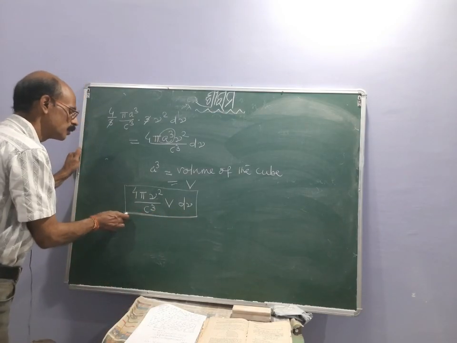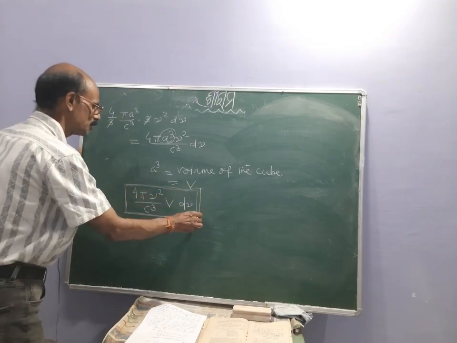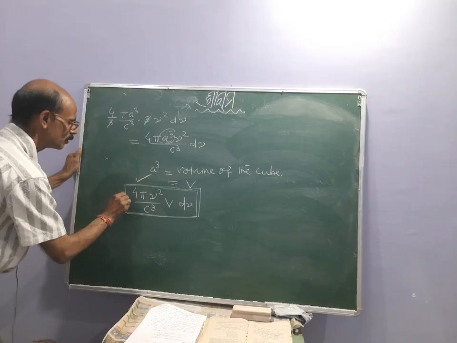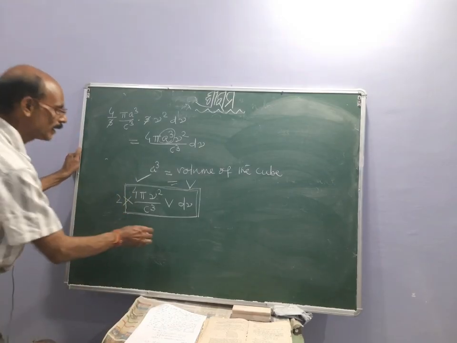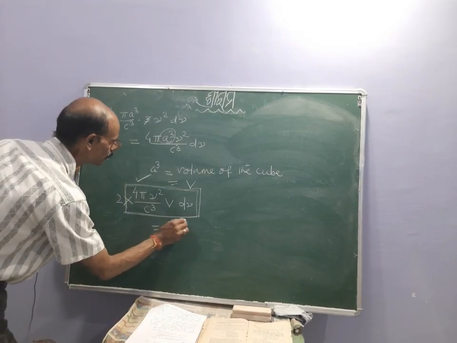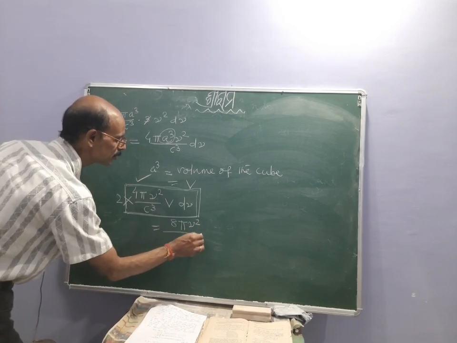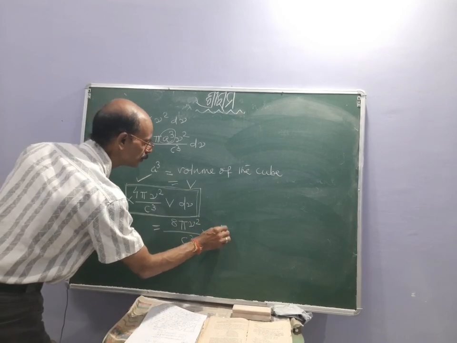For each state of polarization this is this. So for two states of polarization 2 will be multiplied. So the number of sets of modes of vibration will be 8 pi nu square by c cube into V d nu.